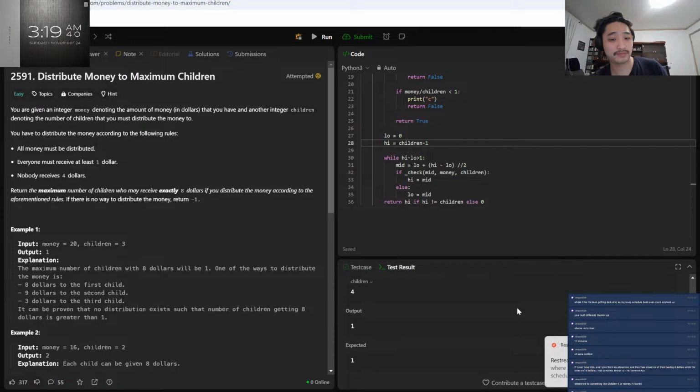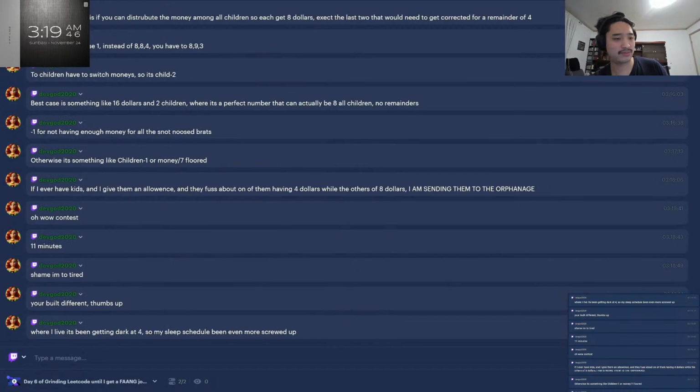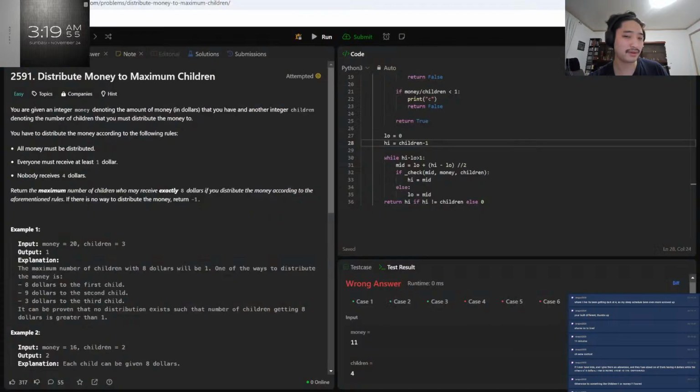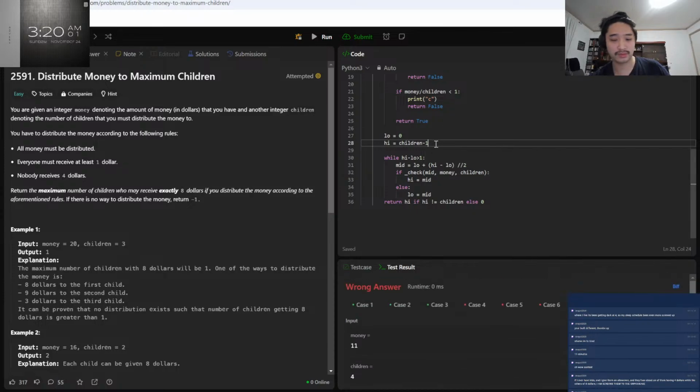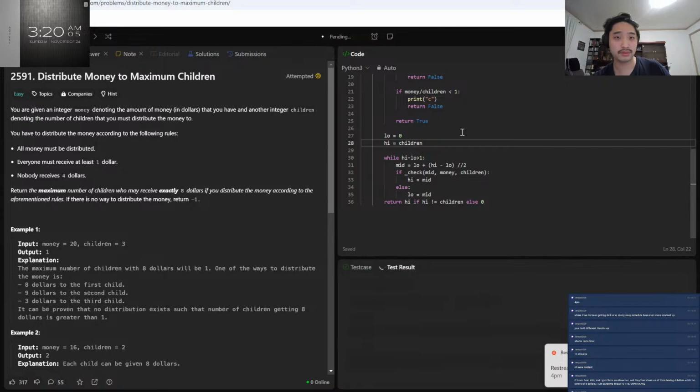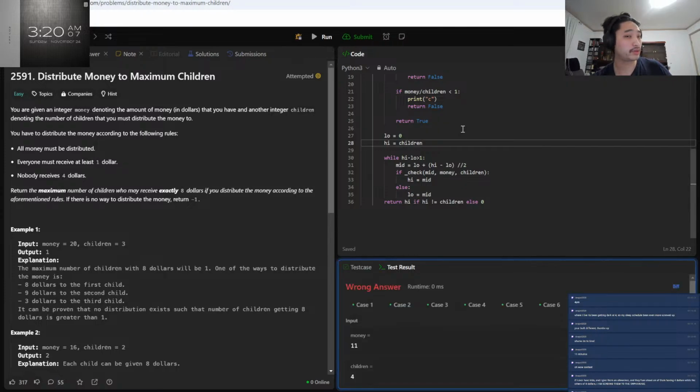Where I live it's been getting dark at 4, so my sleep schedule has been even more screwed up. 4 in the PM or AM? 4 p.m. Okay, then you probably live at a similar latitude.